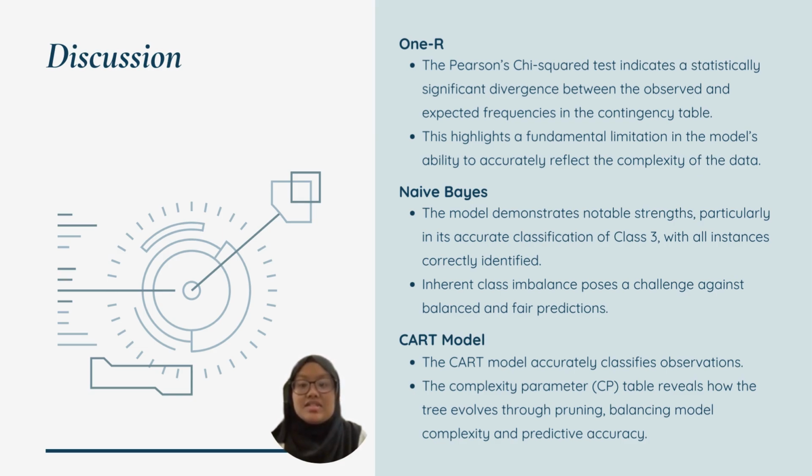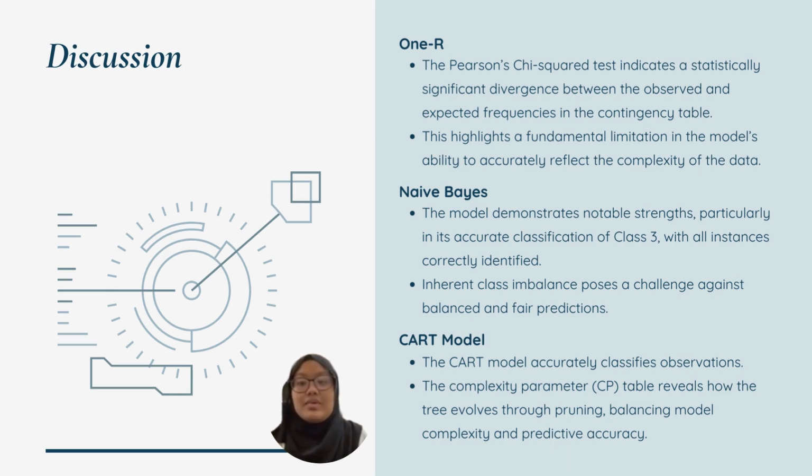The Pearson's chi-squared test indicates a statistically significant divergence between the observed and expected frequencies in the contingency table. This highlights a fundamental limitation in the model's ability to accurately reflect the complexity of the data. Next is naive Bayes. The model demonstrates notable strengths, particularly in its accurate classification of class 3, with all instances correctly identified.